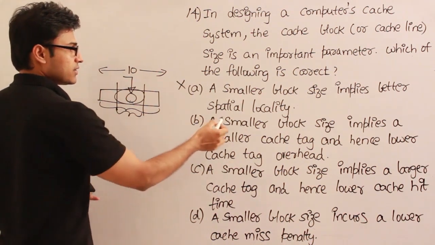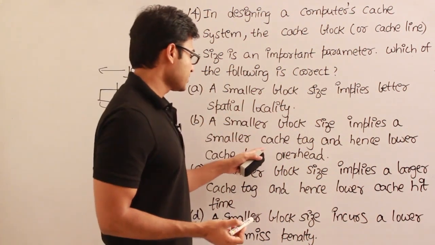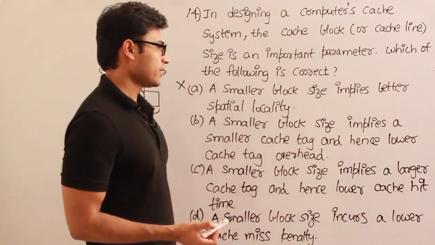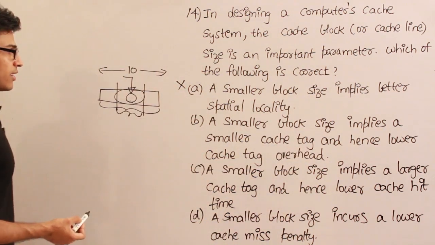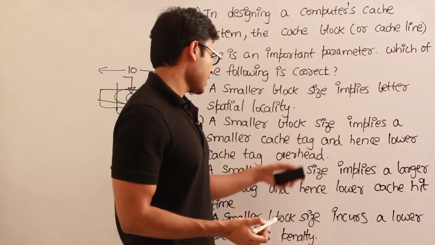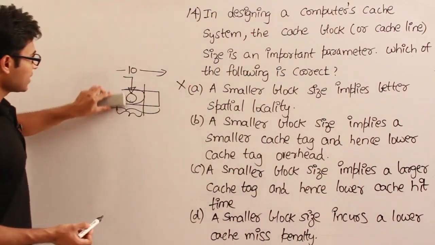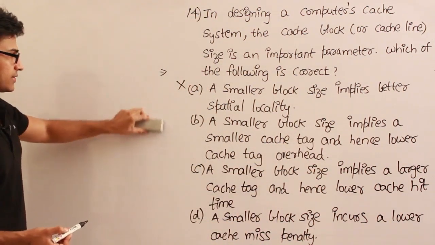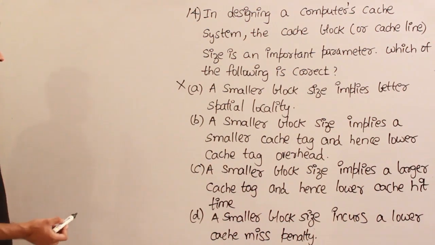The next one: a smaller cache block size implies a smaller cache tag, hence lower cache overhead. So what is the relationship between cache size, cache block size, and the tag? Watch it.